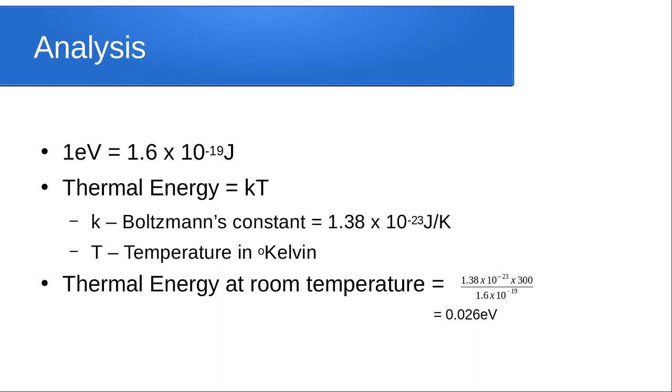In order to convert it to electron volt, we need to divide by 1.6 into 10 raised to minus 19, which gives us the thermal energy at room temperature as 0.026 electron volt. Now this energy is far less than the energy required for an electron to jump from valence band to conduction band.